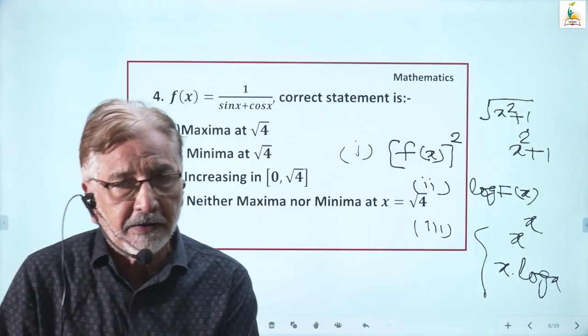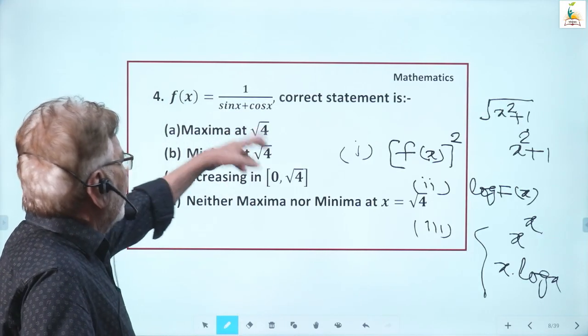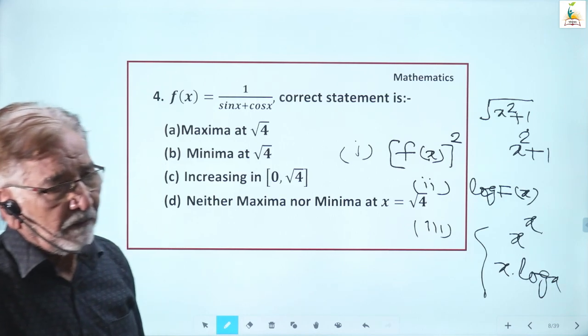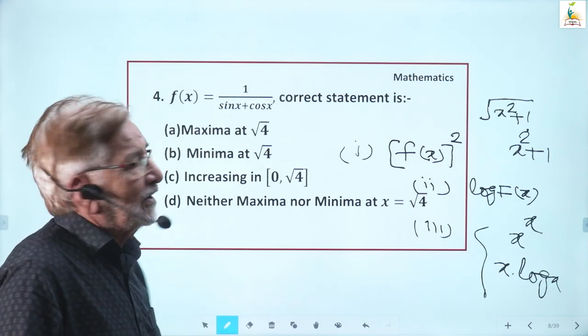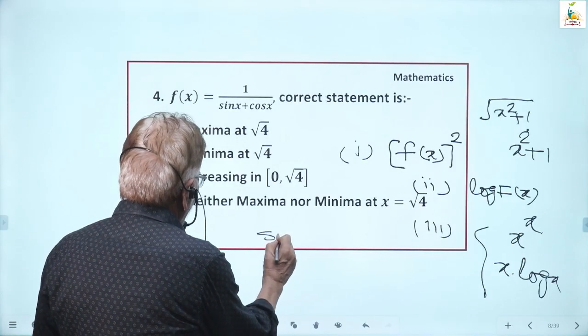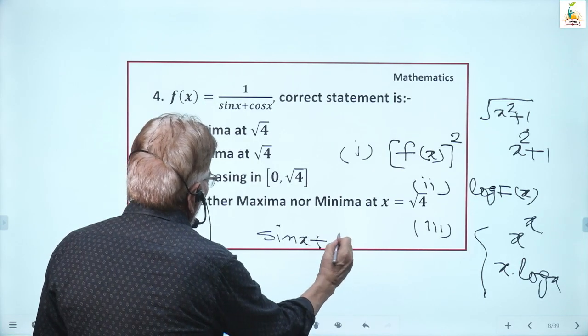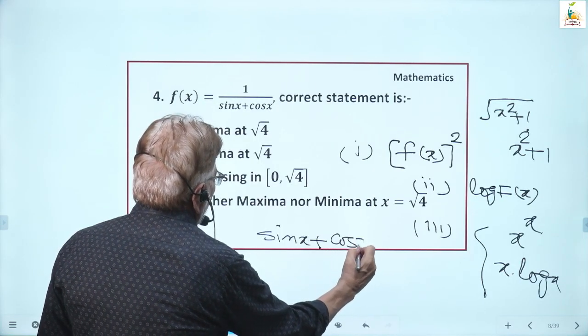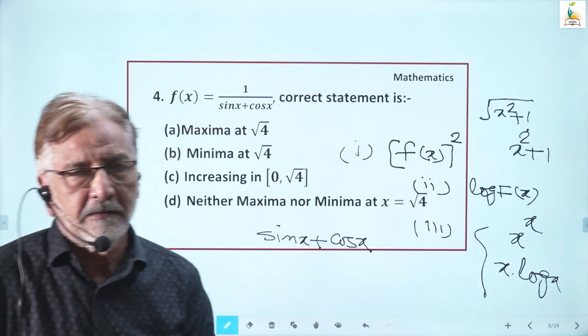And third, if you want to find the maxima minima of 1 upon sin x plus cos x, you find the maxima minima of sin x plus cos x, and then you reverse the result.